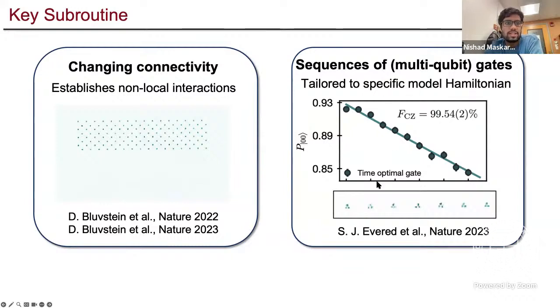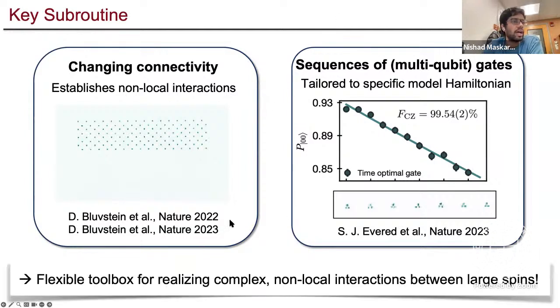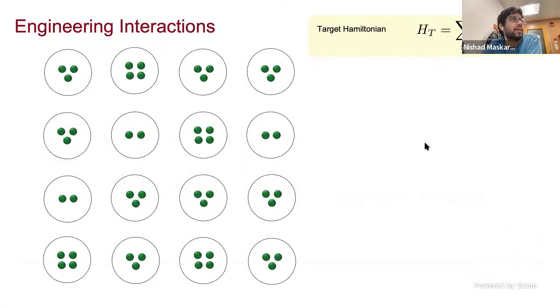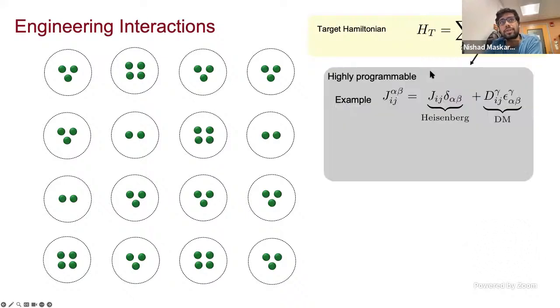So here the idea is to use controllable hardware native operations in order to, in a more targeted way, engineer a particular model Hamiltonian. And these are the two key subroutines that we use. Together they're going to form essentially a flexible toolbox for realizing complex non-local spin interactions. So let's see how this could work for a sample pairwise spin-spin interacting Hamiltonian.